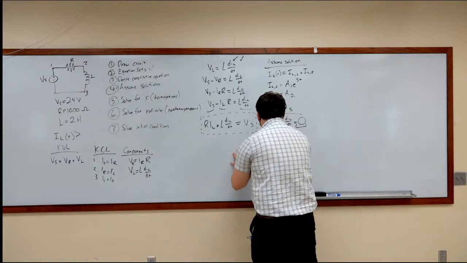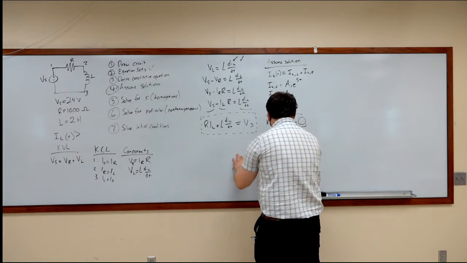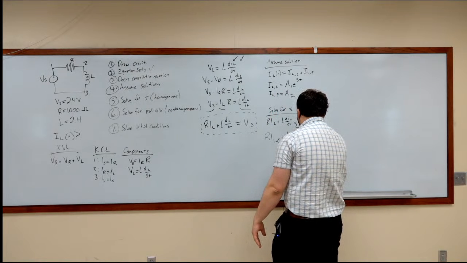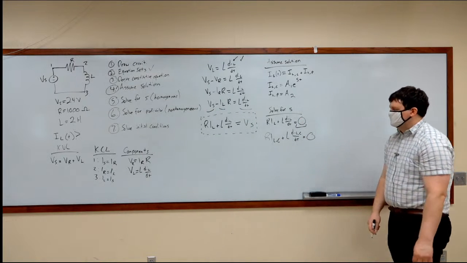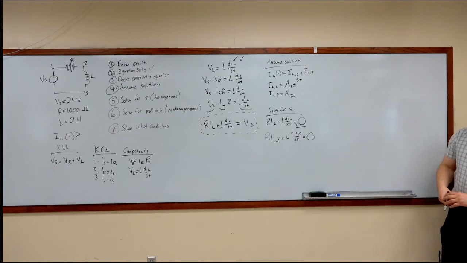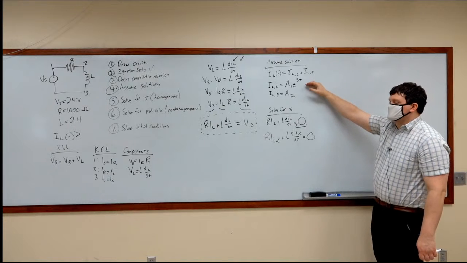So this becomes R IL,C plus L dIL,C/dt is equal to 0. Not a big step between those two. It's just we're not looking at this solution overall. We're looking at only this one.